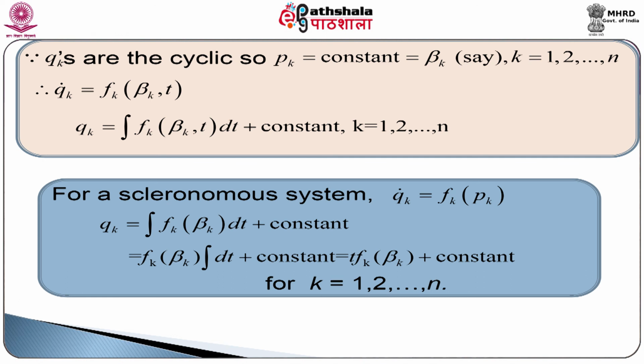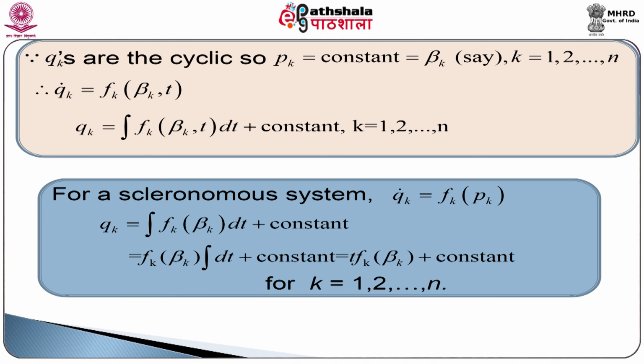If someone knows the value of the function fk, then qk can be obtained explicitly. For a scleronomous system, qk dot equal to fk function of pk. There is no t since the system is scleronomous.